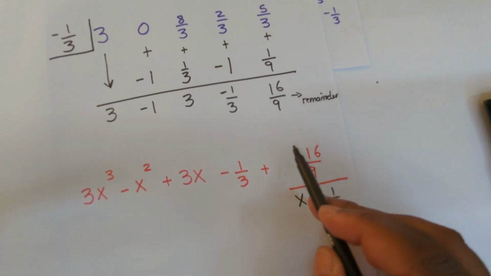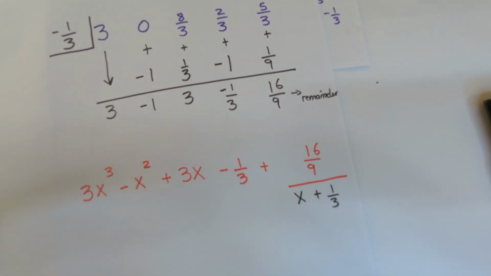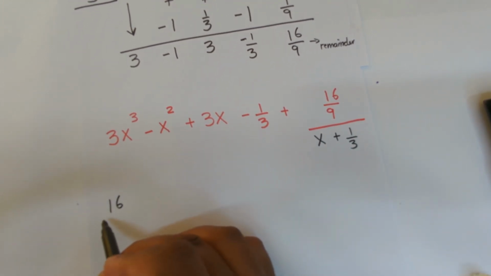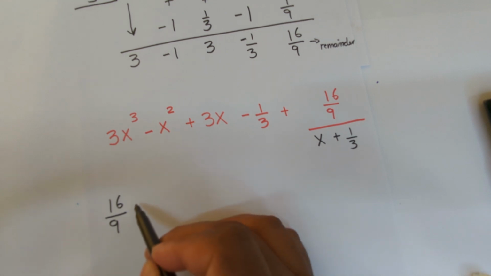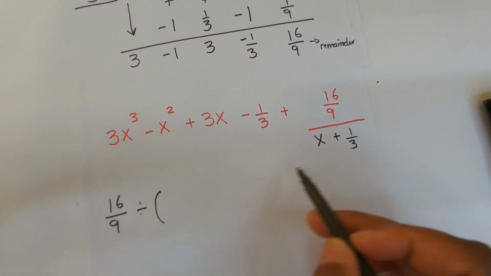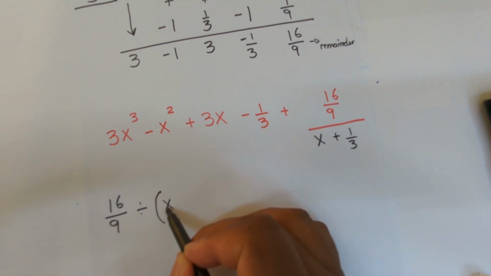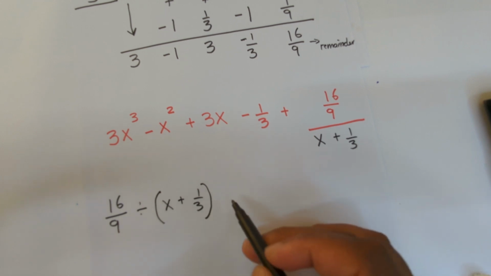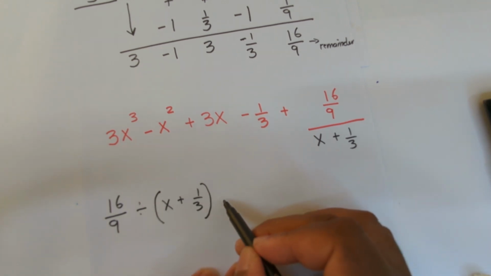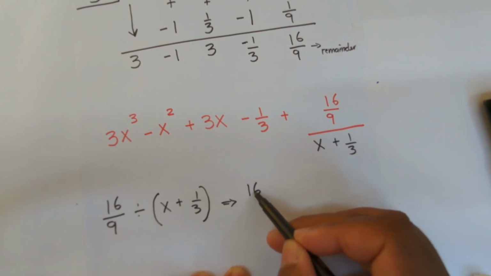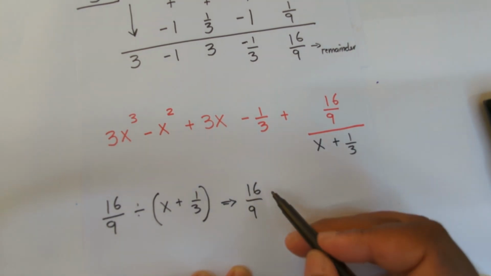Now let's simplify our remainder here. So let's put it aside here. Let's put 16 over 9 being divided by x plus 1 over 3, which of course becomes 16 over 9.